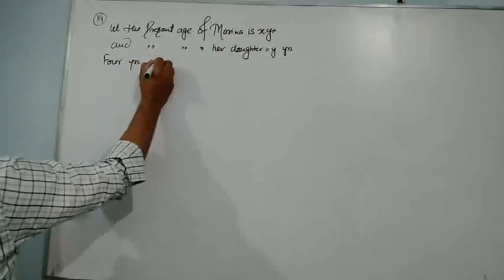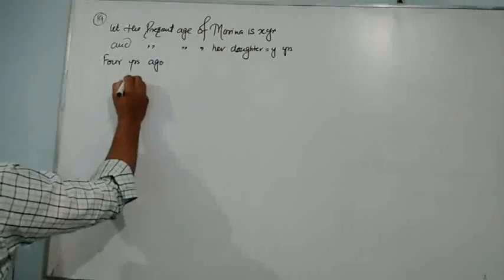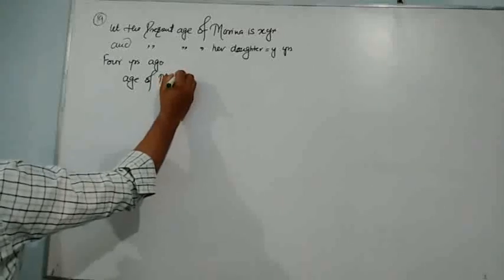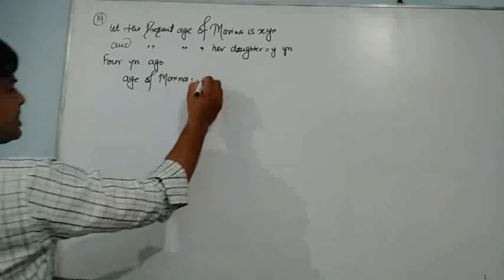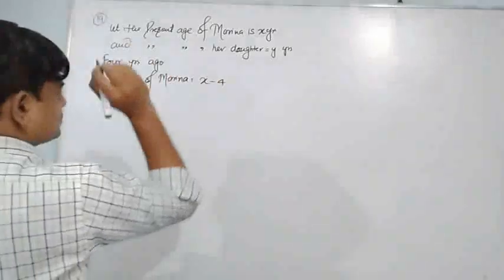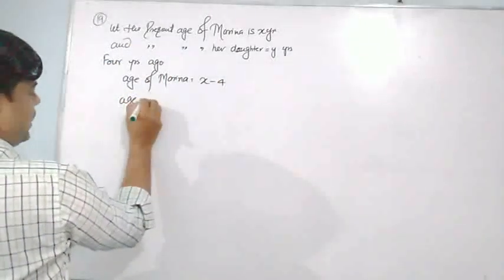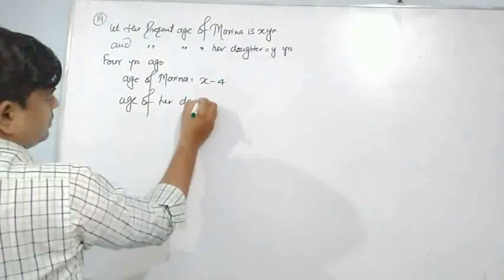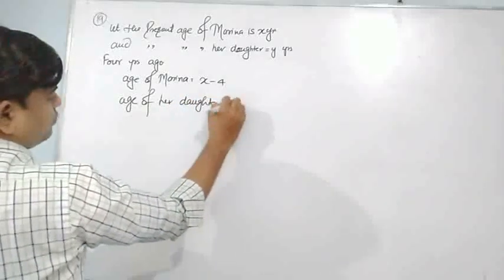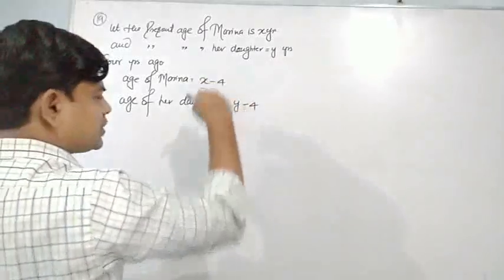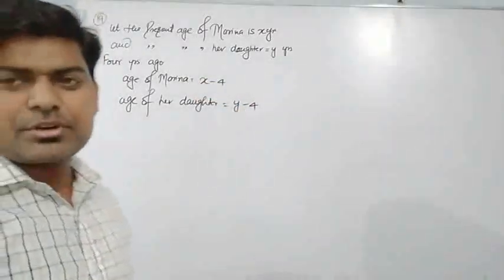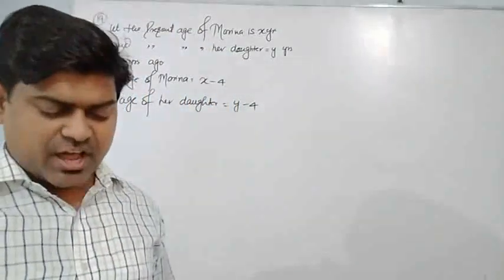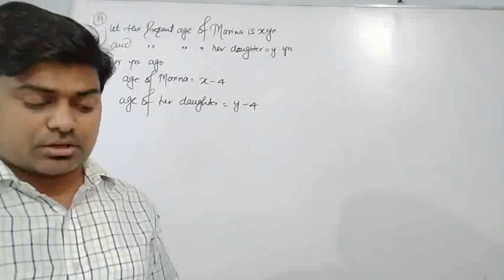4 years ago, the age of Marina was X minus 4. The age of her daughter was Y minus 4. And what is the relation between them? The relation given is that the age of the mother was 3 times the age of her daughter.